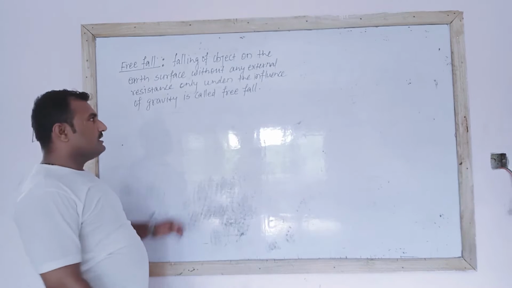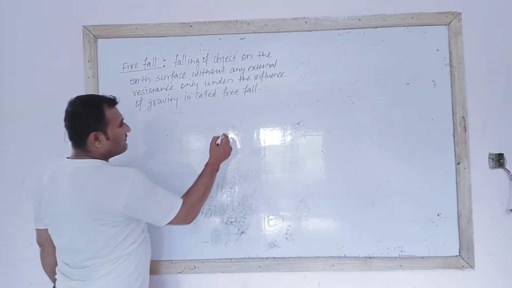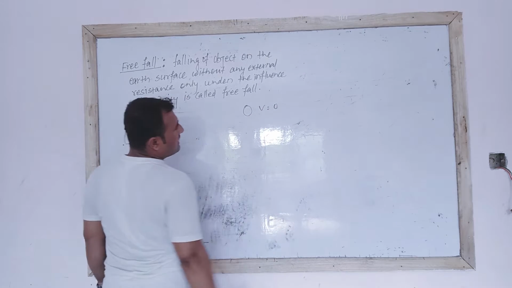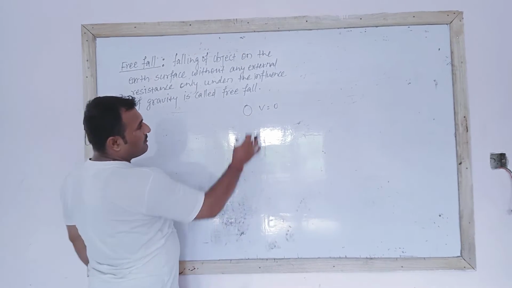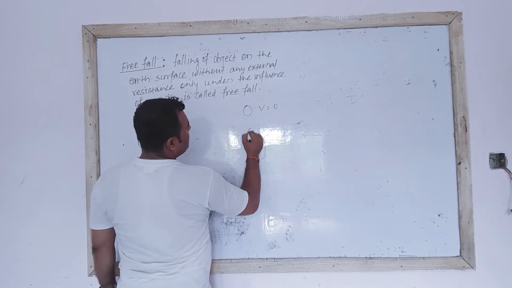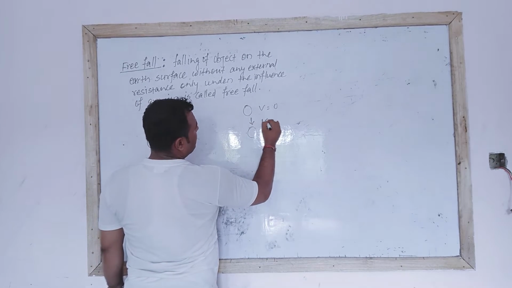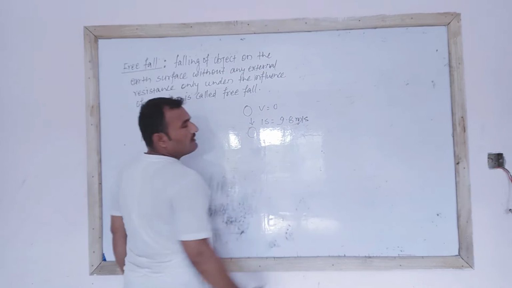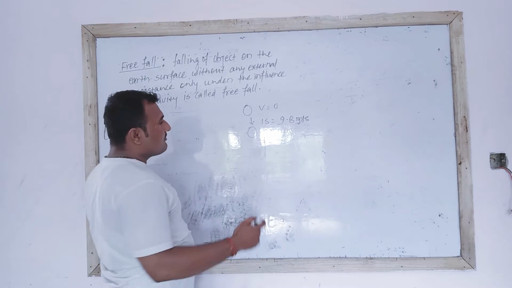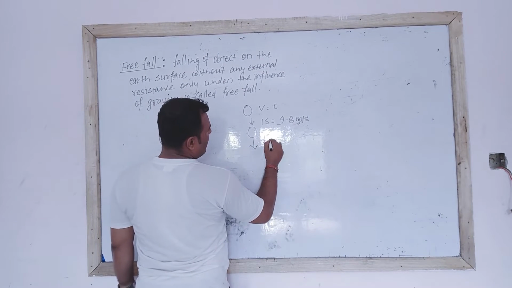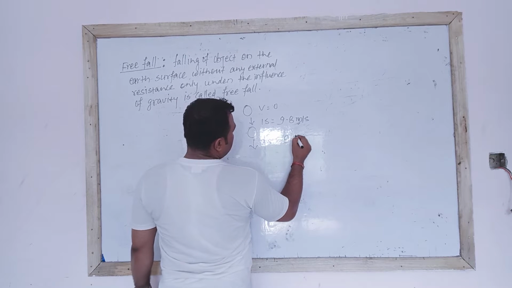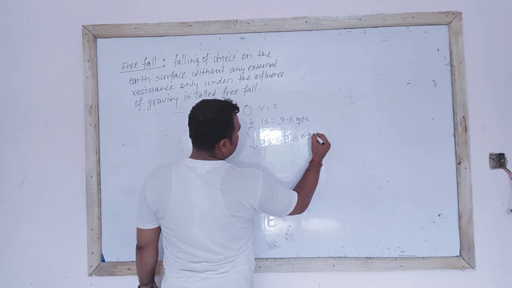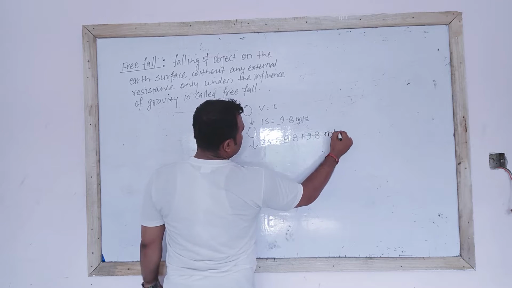In free fall condition, objects are falling freely. When it is dropped from a certain height, the initial falling velocity is 0. After 1 second, it gains a velocity of 9.8 meter per second. After 2 seconds, its velocity becomes 9.8 plus 9.8 meter per second.